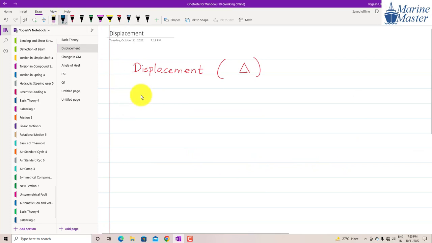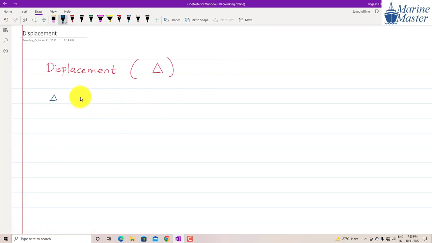So for us, what is the meaning of displacement, guys? We denote displacement by delta. Displacement has two meanings. One meaning is the mass of the vessel, which we generally denote in tons.